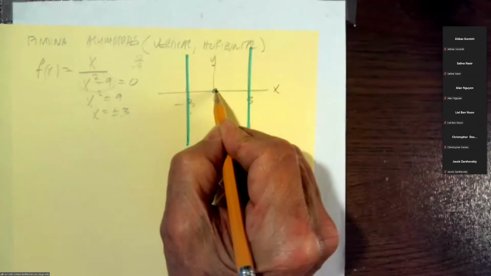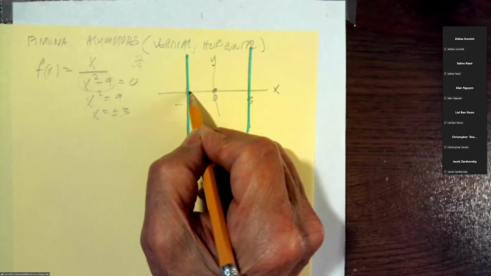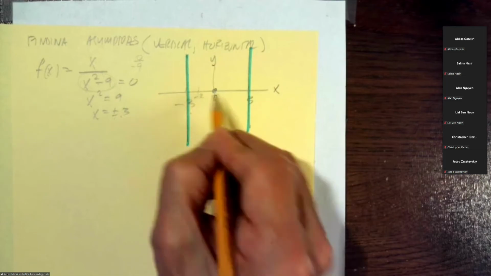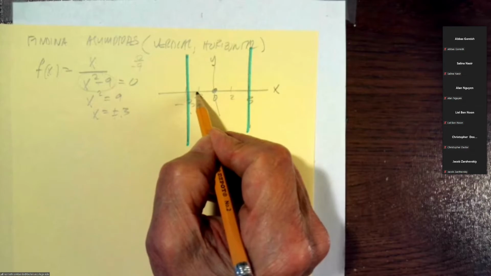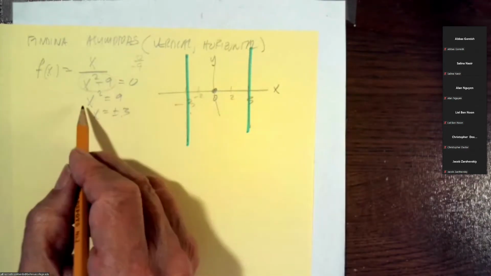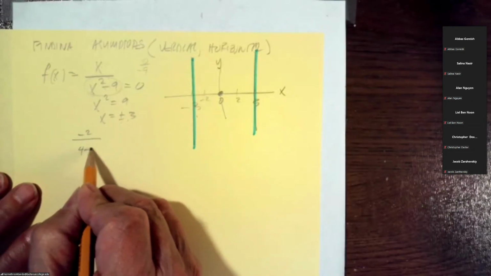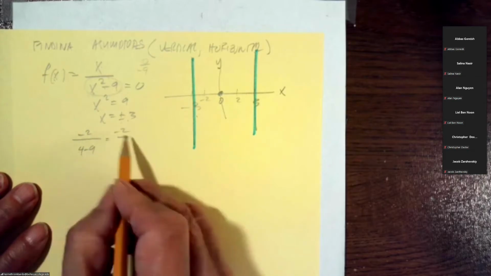Okay, so if that's the case, what if x is some different value? What if x is close to negative 3, but not negative 3? Let's say it's negative 2. And out here we're at positive 2. So if x is negative 2, what do we have for f of x? Well, we get negative 2 over negative 2 squared, which is 4, minus 9. So we get negative 2 over 4 minus 9, which is negative 5.